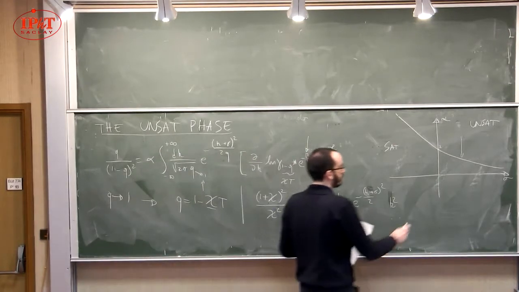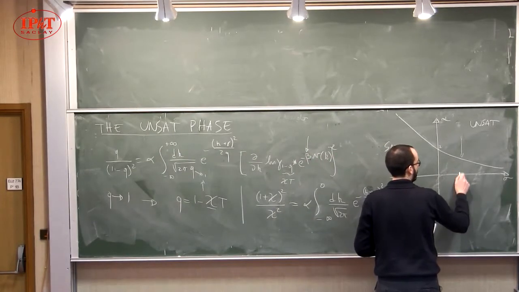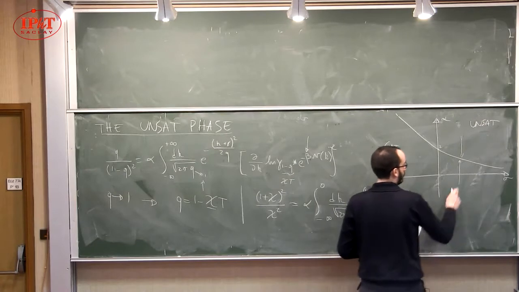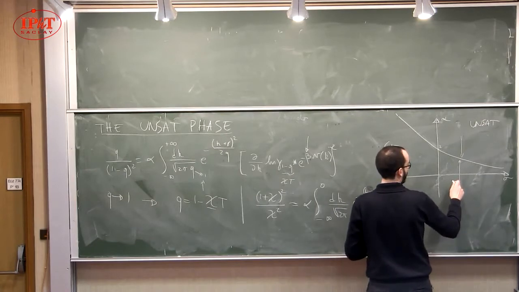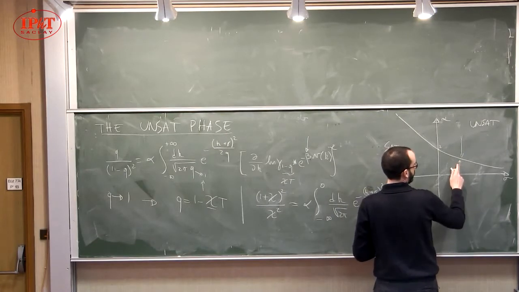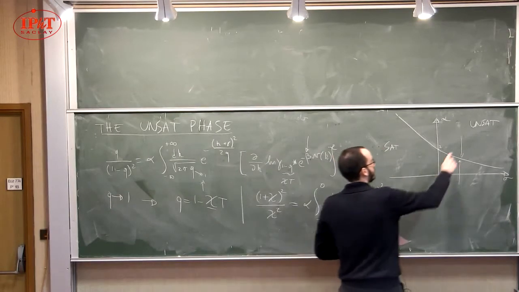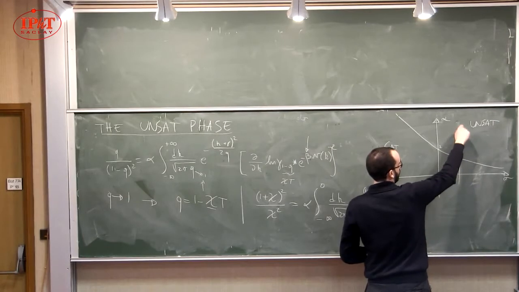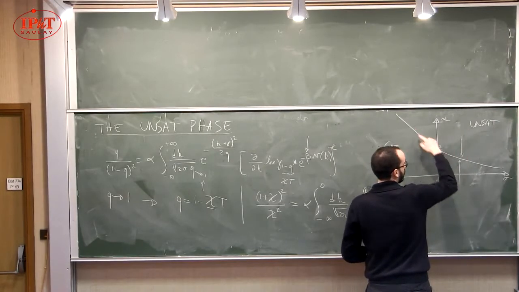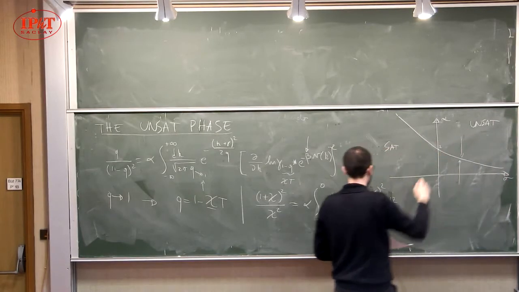So last time we approached the jamming transition from the SAT phase in this way. So we had q that was smaller than 1, and then we took the limit q to 1. And now we are in the unsat phase, so q is equal to 1, and we would like to understand how to compute this line coming from there. Okay.